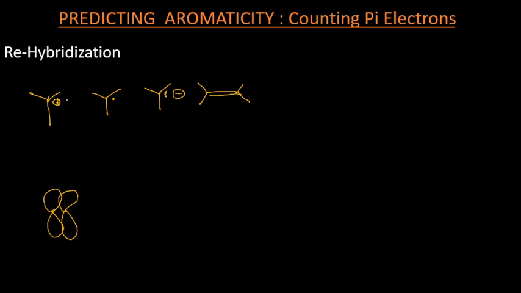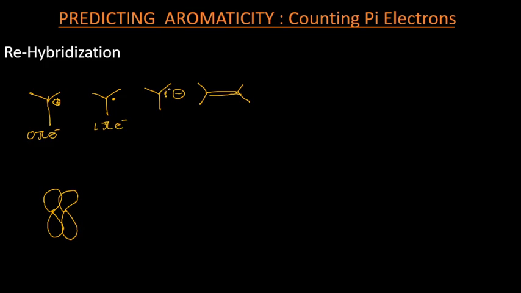So let's look at this. If you look at this, there is an empty p orbital here which has no electron, so we can say that we have 0 pi electrons in this compound over here. But over here we found out that there's a single electron in the p orbital, so we have 1 pi electron present there.